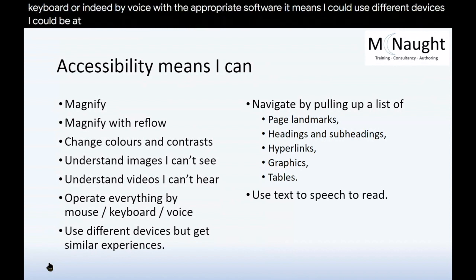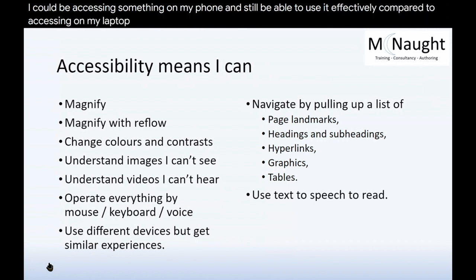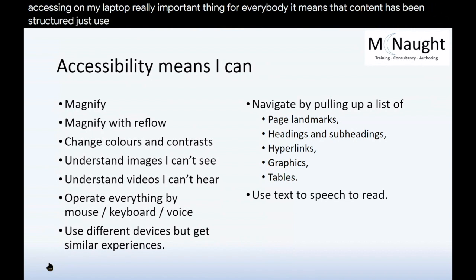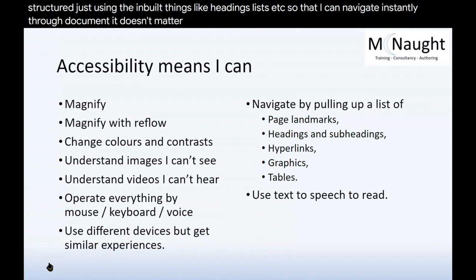It means I could use different devices. I could be accessing something on my phone and still being able to use it effectively compared to accessing it on my laptop. It means, and this is a really important thing for everybody, that content has been structured just using the inbuilt things like headings, lists, etc., so that I can navigate instantly through a document. It doesn't matter if it's 10 pages long or 100 pages long.